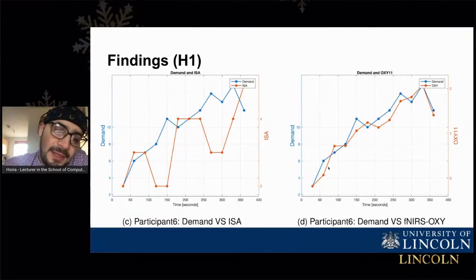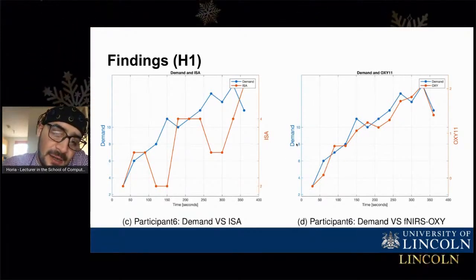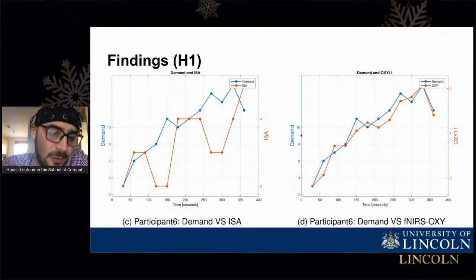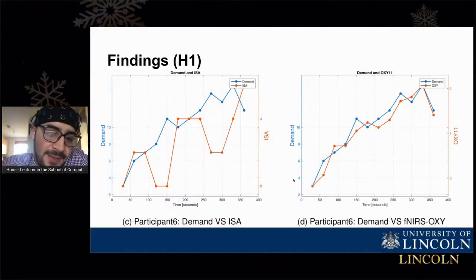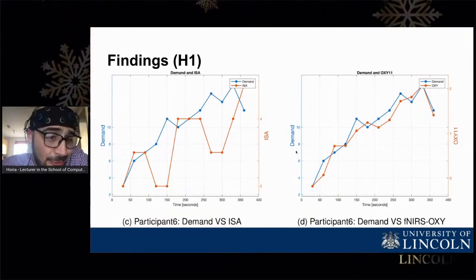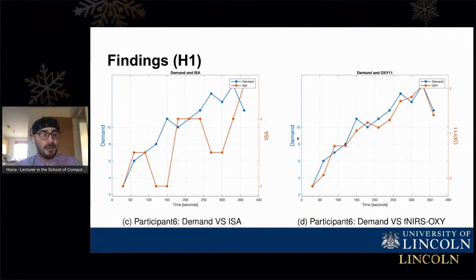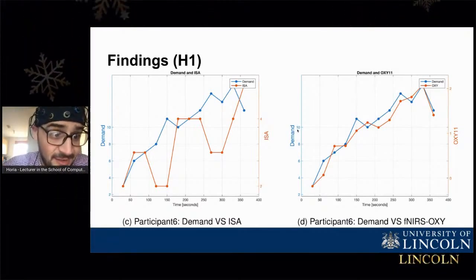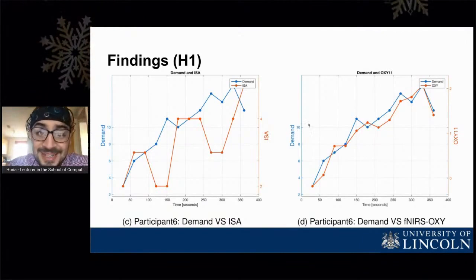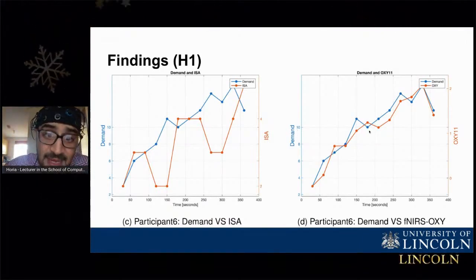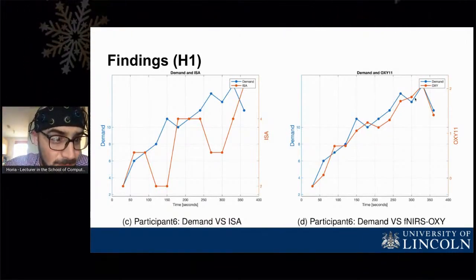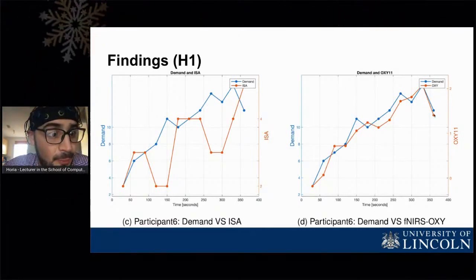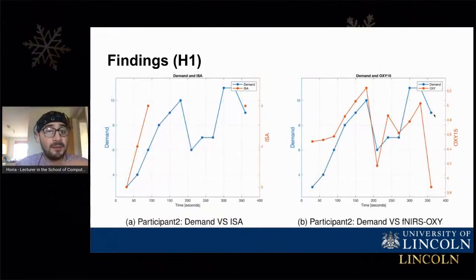The demand is the left side scale, and is the number of airplanes they were controlling at any one point. As the number of airplanes on their screen increased, and they had to manage more and more aircraft, with more than 10 in their visual space, the workload increases, and it's a very, very close match. When the demand decreased, the brain activity decreased as well. So it was quite reactive.